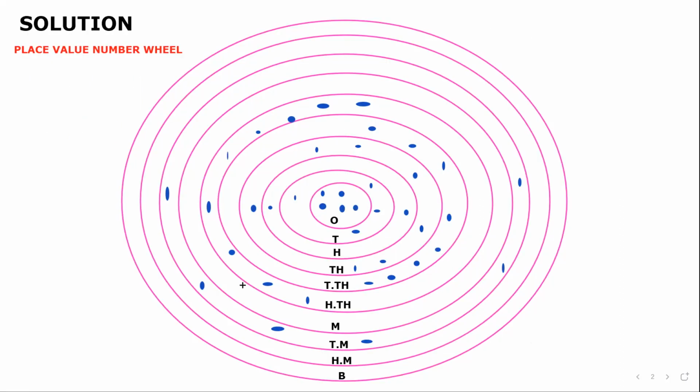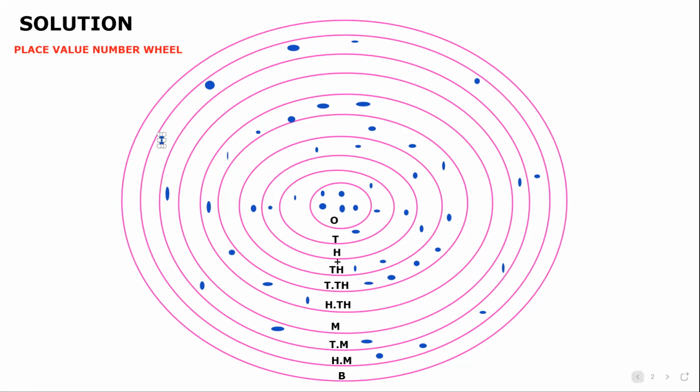Then you model hundreds of millions, area is here. So here will be 1, 2, 3, 4, 5, 6, 7, 8, 9. We have done with the tens, and that is the hundreds of million.